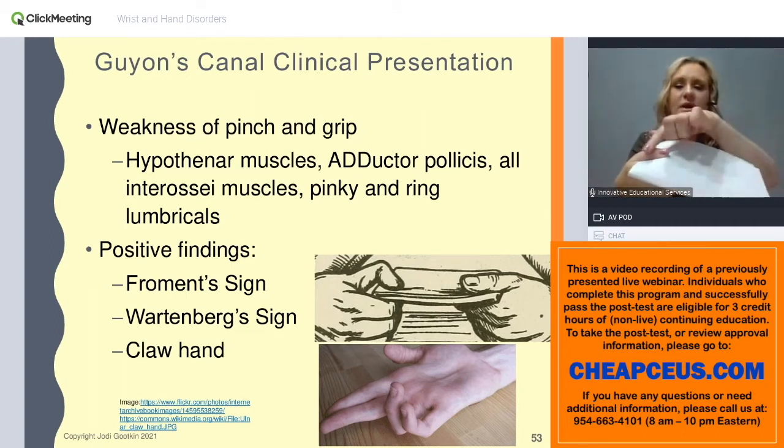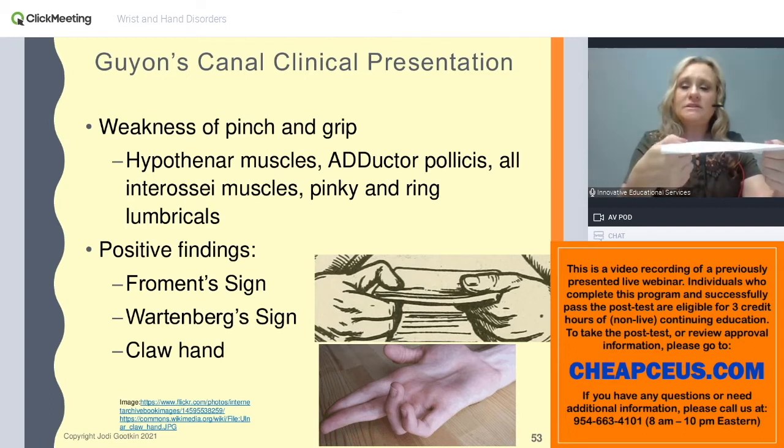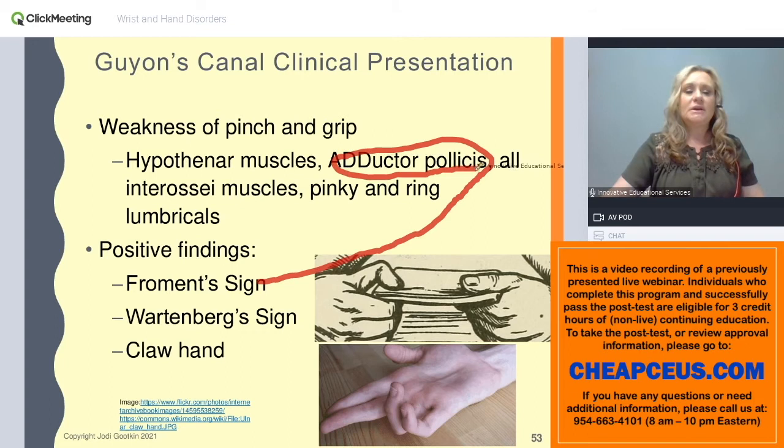And if this is my involved hand, instead of adducting, I may start to flex to try and hold on to that paper because I'm substituting for that adductor pollicis, with an IP flexion instead. So that would be a positive Froment sign if that adductor pollicis is weak for the individual.